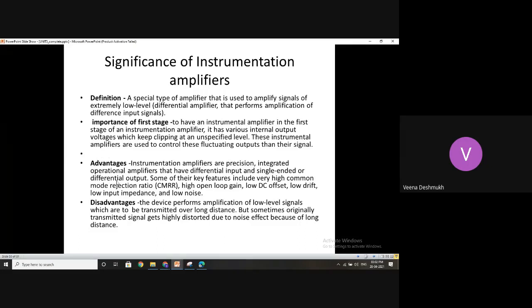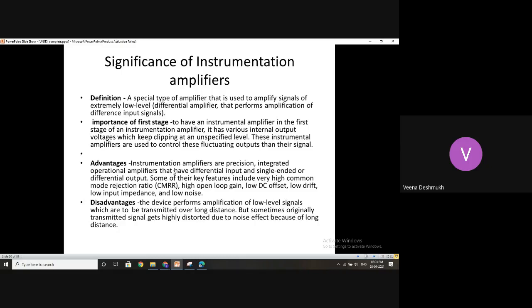So what are the advantages of this? Instrumentation amplifiers are precision type amplifiers, integrated op amps that have differential input and single-ended or differential output. Basically, you can use this op amp in a single-ended mode or in a double-ended mode.